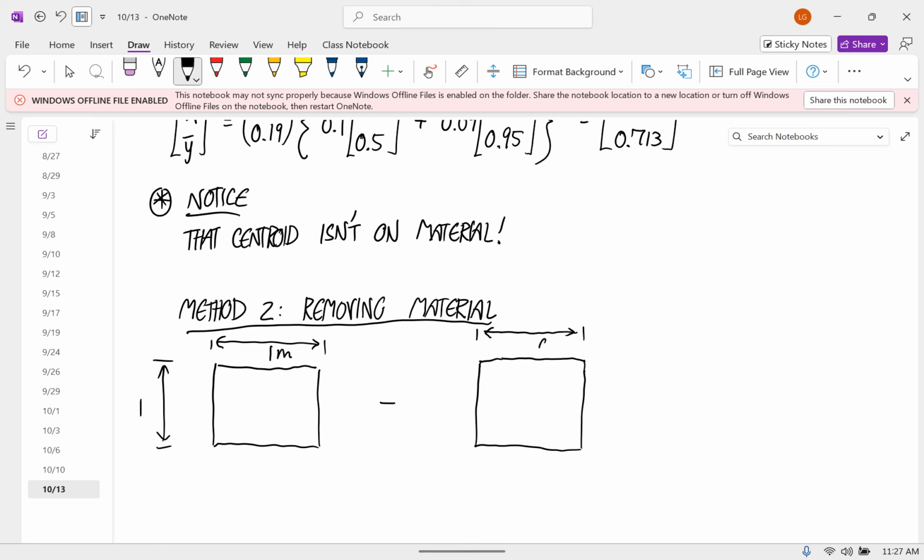Where this is 0.9, this is 0.9. And we always have to think about where the coordinate system is. So this is our coordinate system, and then on this one, our coordinate system is going to be over here.